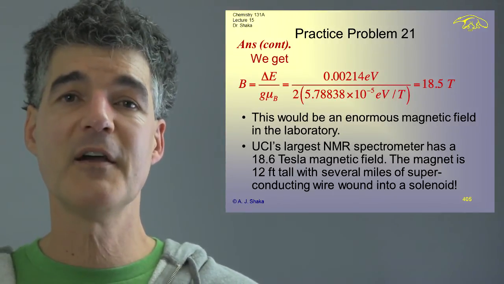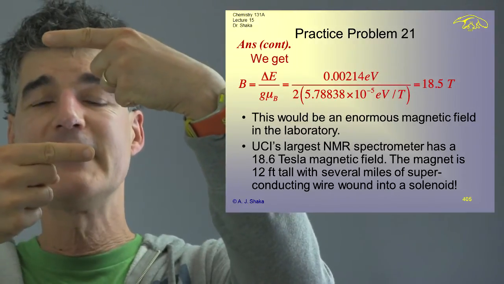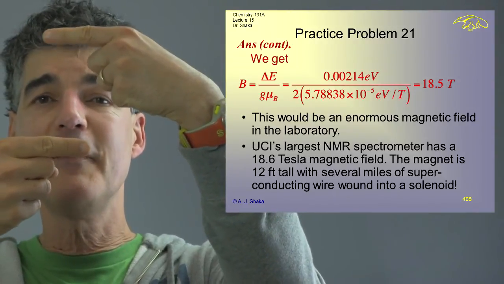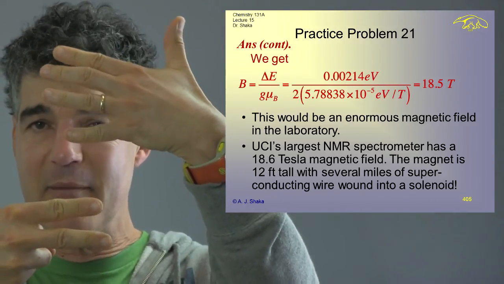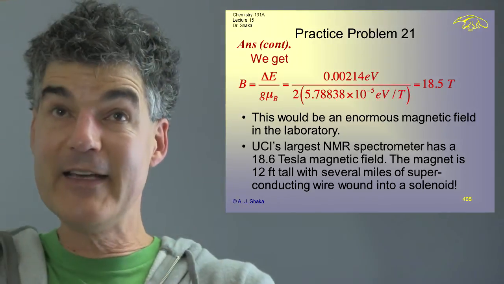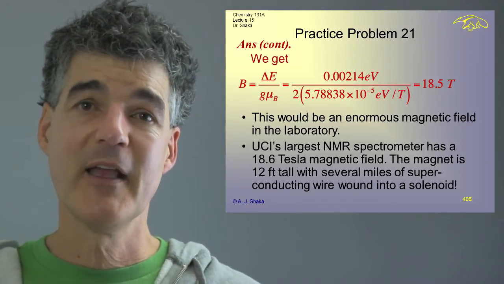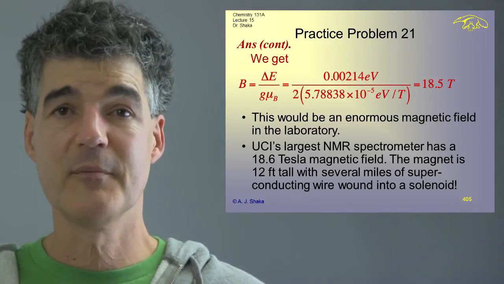And that's good because that means that if we have two levels like this, and then we turn on a magnetic field and they split, they go like that. And that makes it easy to keep track of what's going on. If they went like this and all over the place, it might be really hard to figure out what the spectrum was doing.